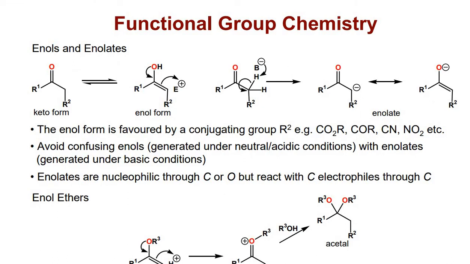You can see the enol form is favored by conjugating groups: CO2R, COR, CN, NO2, etc. Avoid confusing enols generated under neutral or acidic conditions with enolates generated under basic conditions. Enolates are nucleophilic through carbon or oxygen but react with carbon electrophiles through carbon.